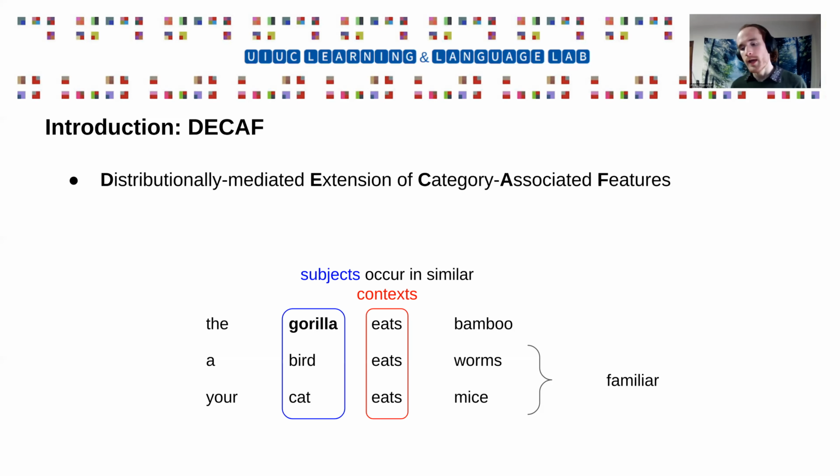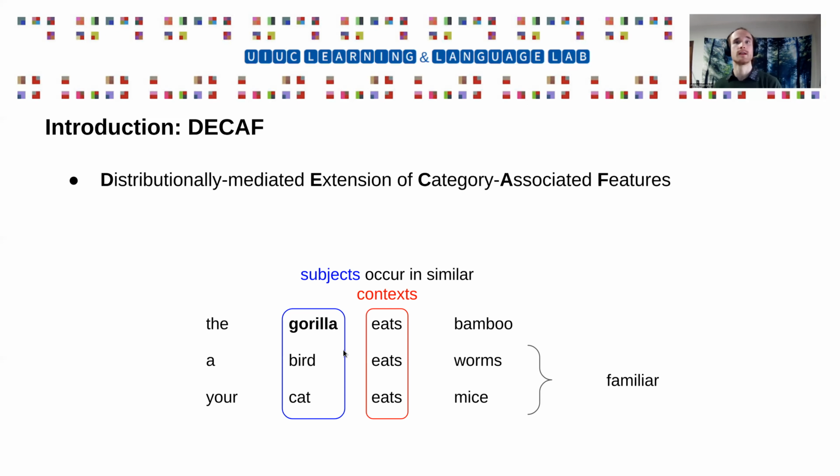What to do? Well, if you're going to leverage distributional semantic information, you might notice that all of these words that I've highlighted in blue share distributional syntactic properties with one another. You can access memory of stored distributional knowledge and retrieve words that have occurred in similar contexts, like bird and cat.